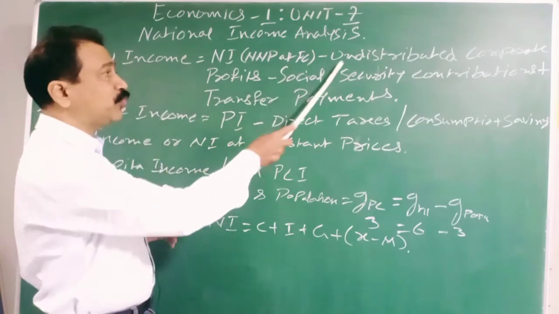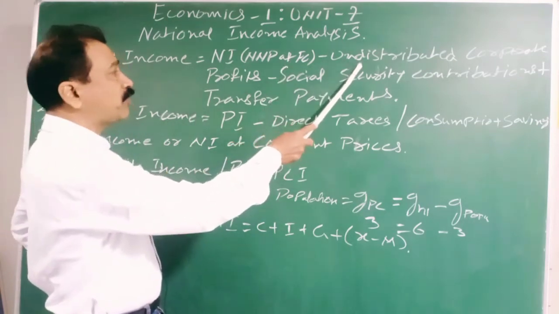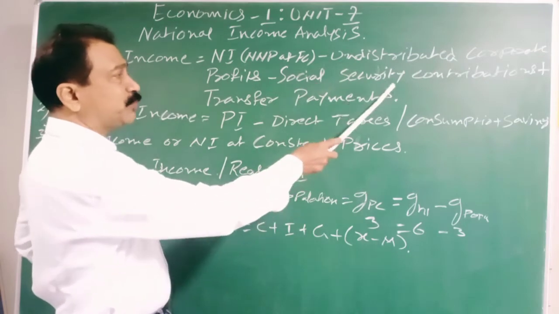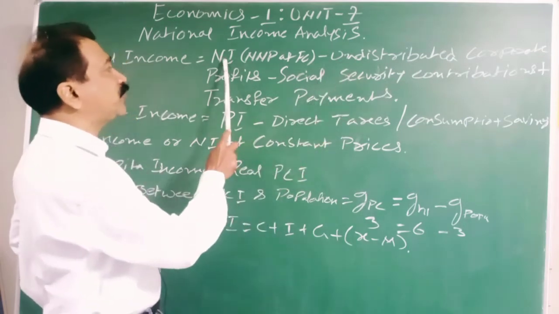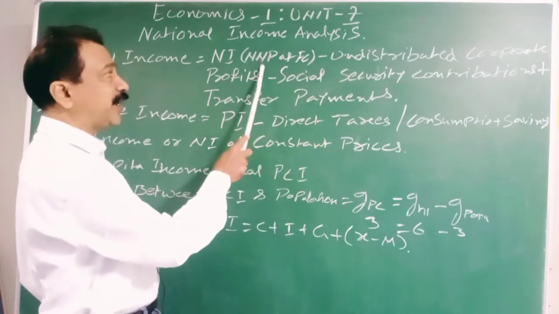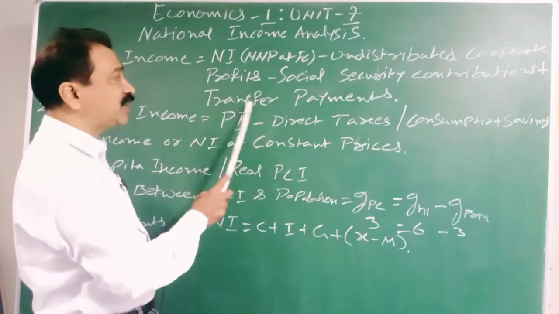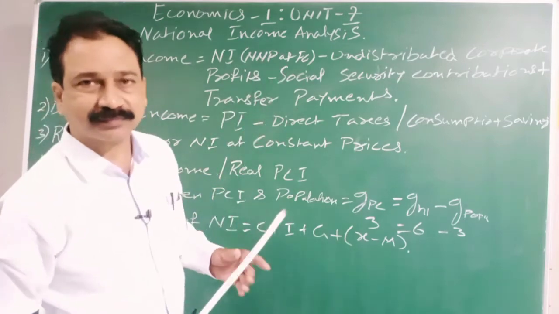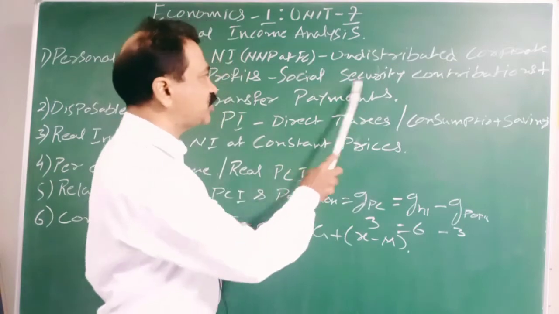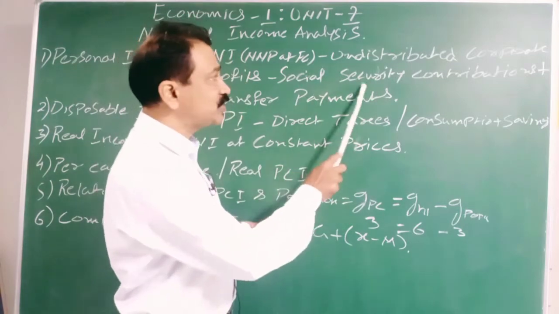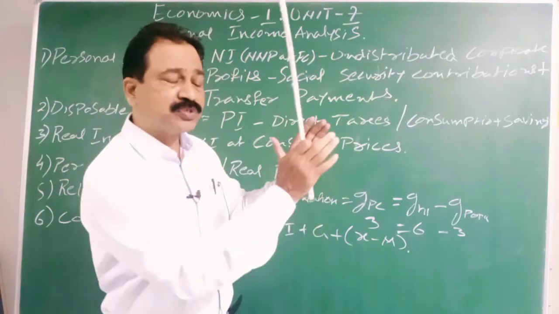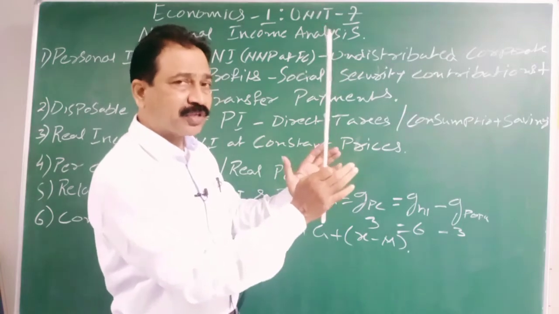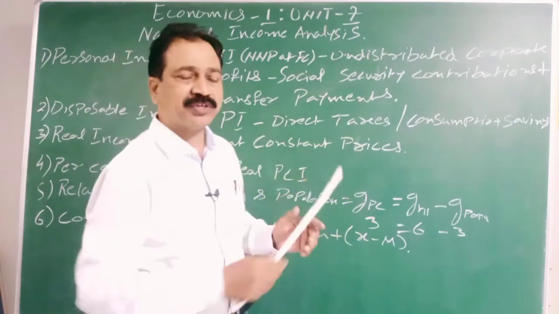These two are removed. Undistributed corporate profits and the social security contributions will be removed from national income and added with transfer payments. The social security contribution money which is put to the side is used as transfer payment.